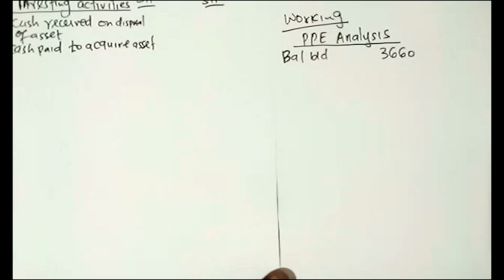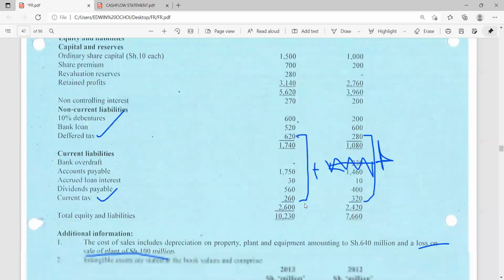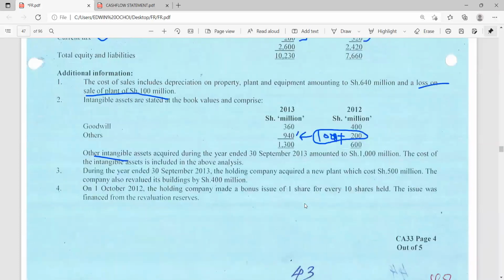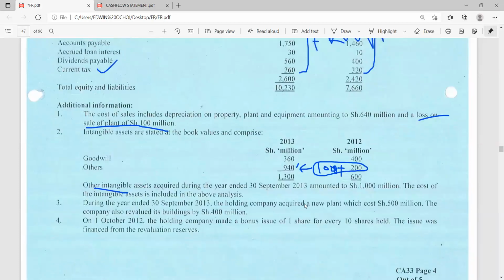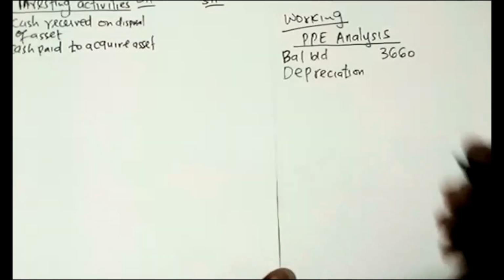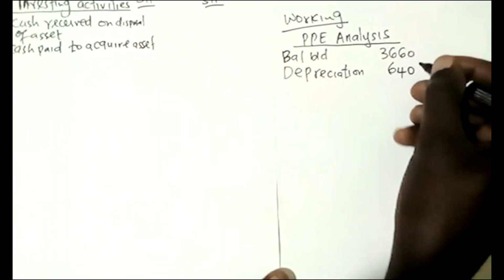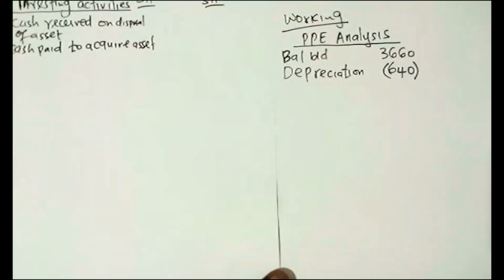Then I will check what else can affect property, plant, and equipment. So you go to additional information, starting from number one. The first thing which will affect your PPE is depreciation. Remember, depreciation will reduce the value of the asset, so 640, you minus.